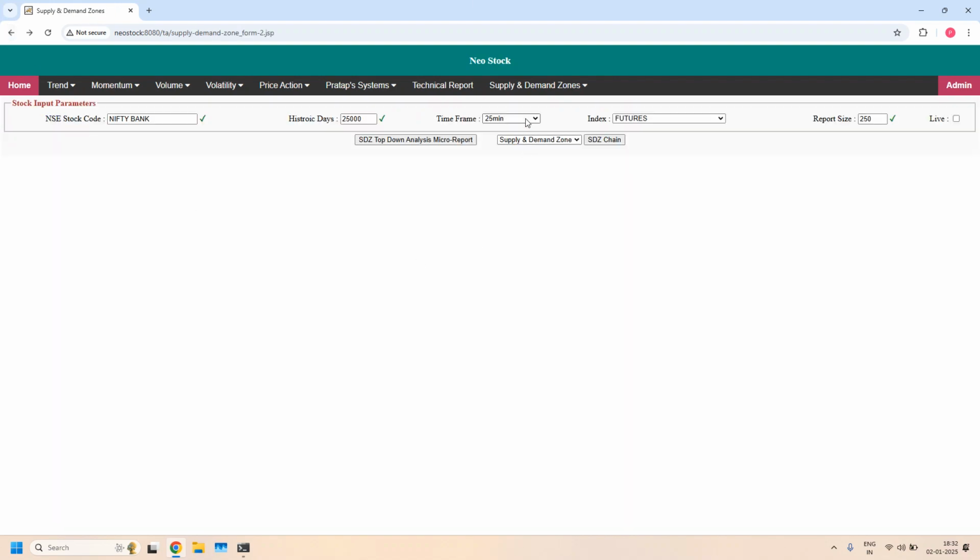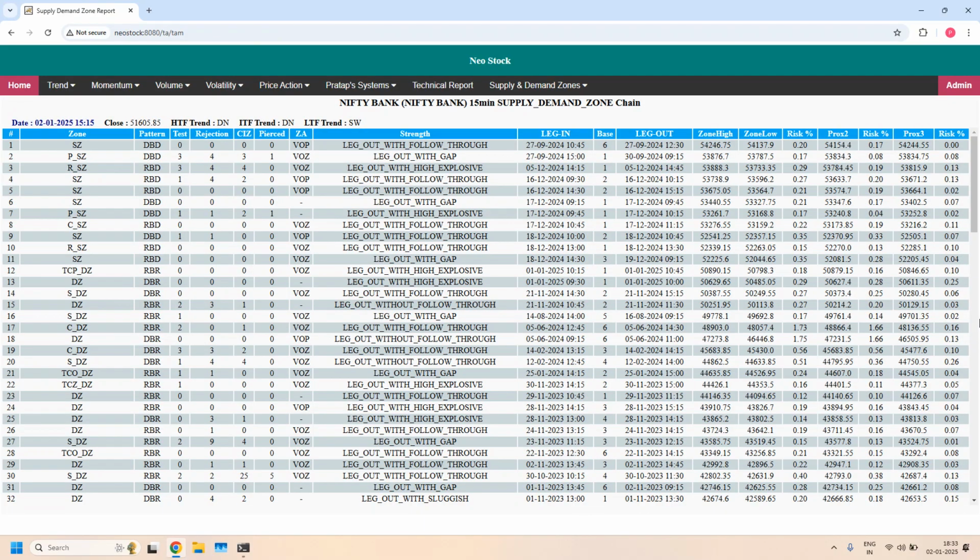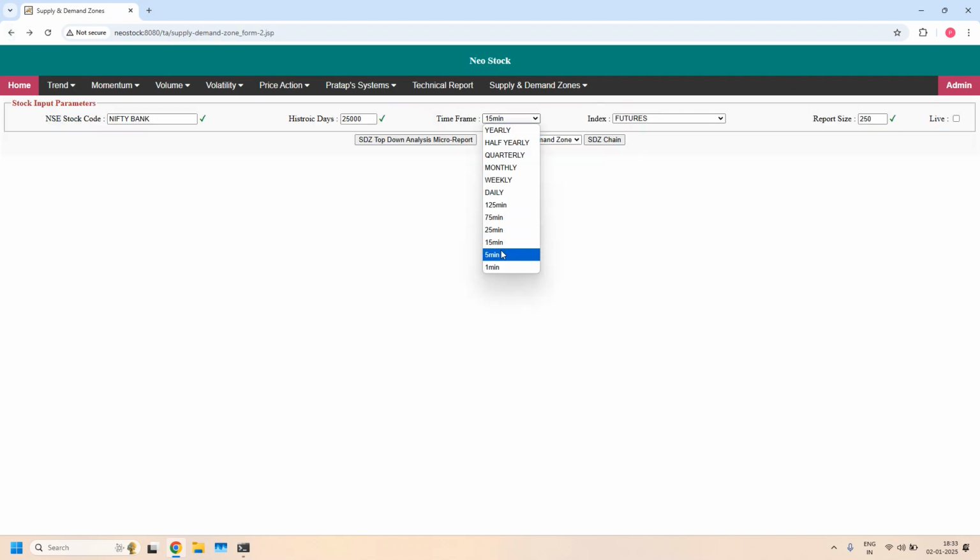Okay, next, 15 minutes supply demand zone chain for BANKNIFTY. Next, 5 minutes supply demand zone chain for BANKNIFTY.